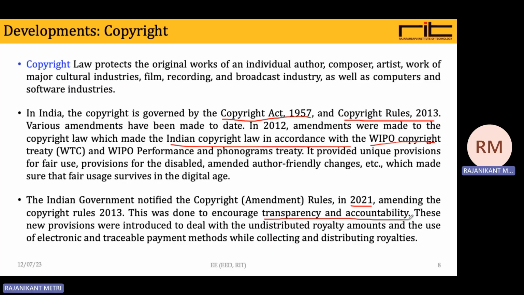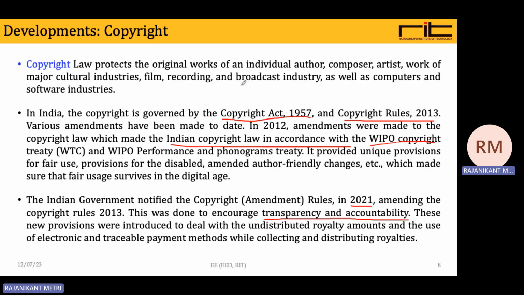These new provisions were introduced to deal with the undistributed royalty amounts and the use of electronic and traceable payment methods while collecting and distributing royalties. These provisions were introduced to deal with undistributed royalty amounts because sometimes some persons use some other author's or composer's work without giving the credit or royalty to them.